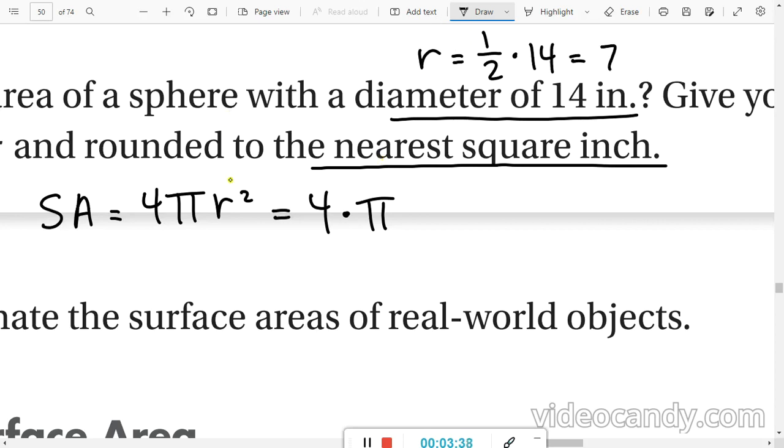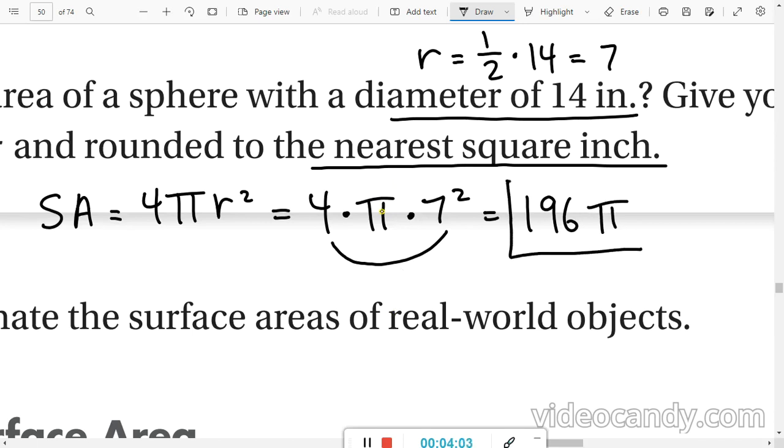In place of r squared, I'm going to do 7 squared. First they said in terms of pi, so at first I'm going to leave pi alone and just do 4 times 7 squared. 4 times 7 squared is going to be 196. And of course, we still have the pi. So that's the answer in terms of pi.